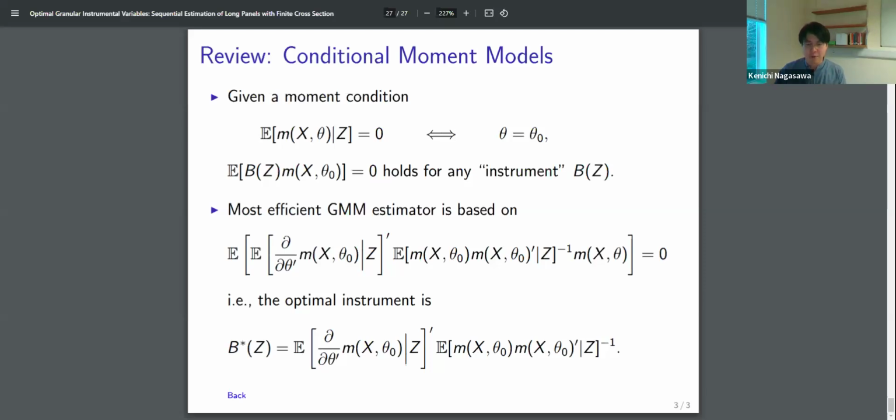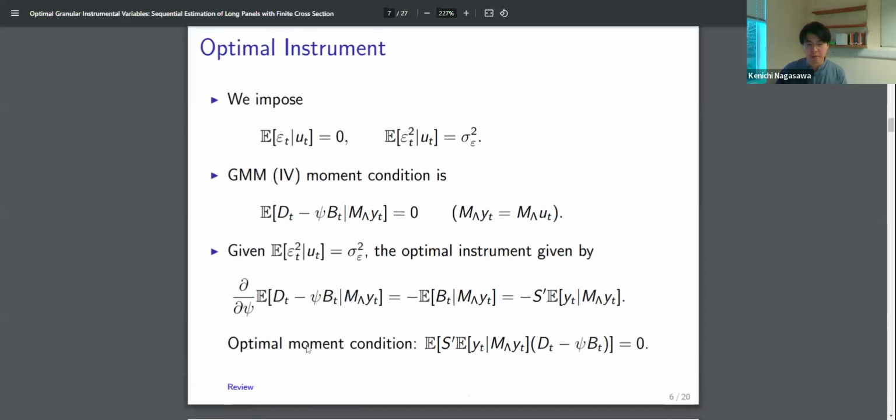In our context, we assumed conditional homoscedasticity, so this term will be just constant, and we just have this term for the optimal instrument. It was just a reminder for those of you who haven't studied GMM for a while. So that's where this formula of the optimal instrument comes from.